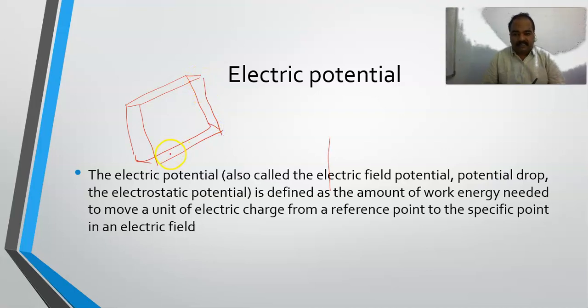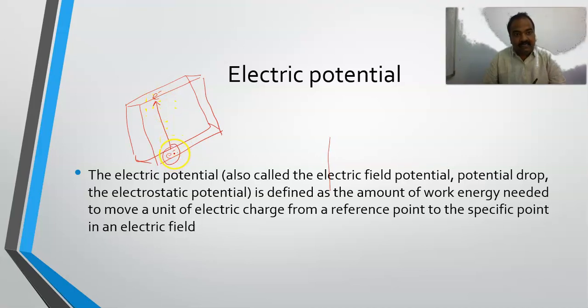Let us suppose there is a charge which is present here, a negative charge. I will take it as an electron which is present here. Initially it is present here. So I want to move this one to this position. See, there is a movement of charge, so that's why I can call it a current.